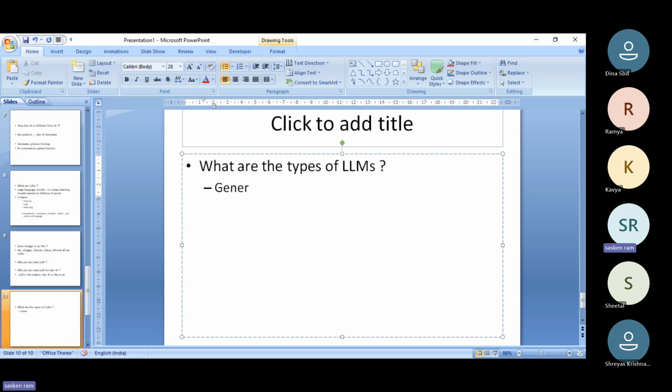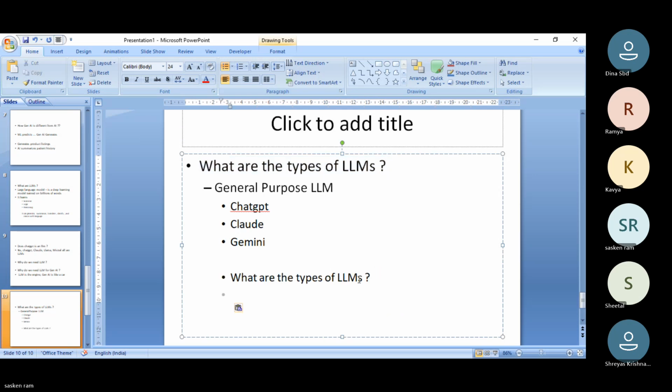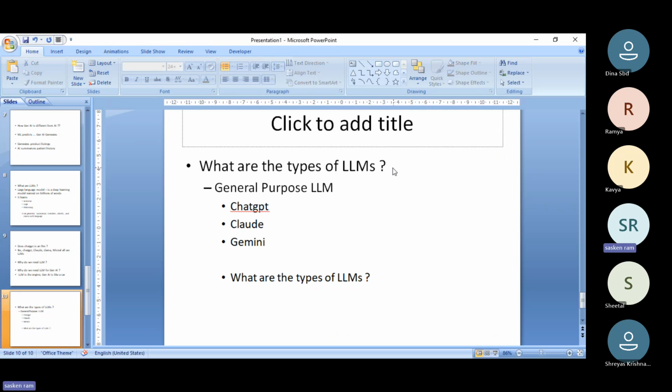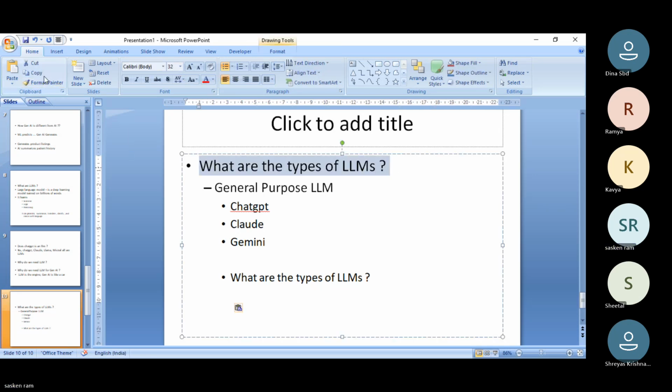So what are the types of LLMs? General purpose LLMs, like ChatGPT, Claude, and Gemini. And the next one is the domain specific LLMs. How many of you heard about it?